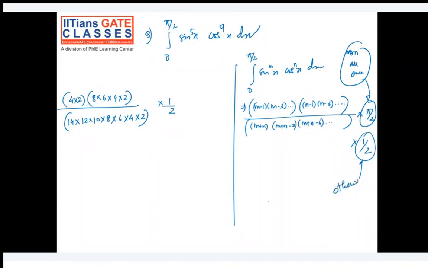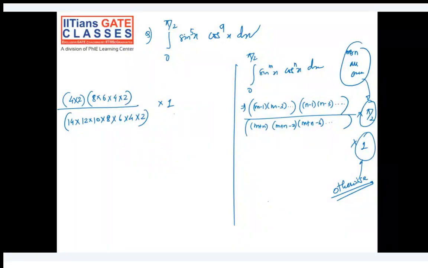Yes, 1 is correct then. Remove this 1 by 2, make it 1. Pi by 2 when m and n are even, and 1 if any of them is odd.